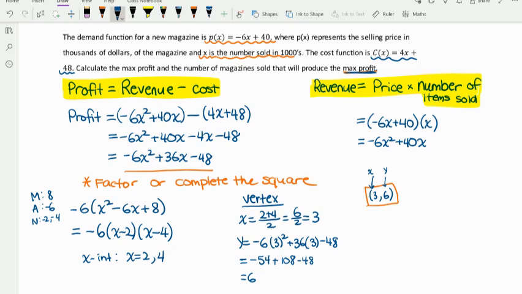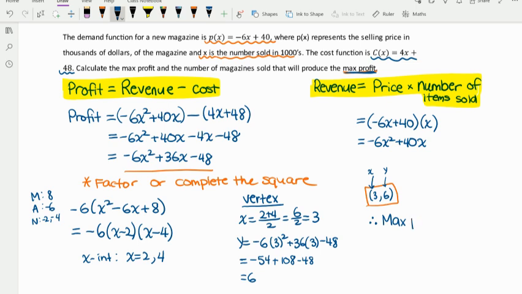They're telling us all the price and all the money is in thousands of dollars. So that just means, therefore, when they sell 3,000, because x is in the thousands, that's when their max profit is.